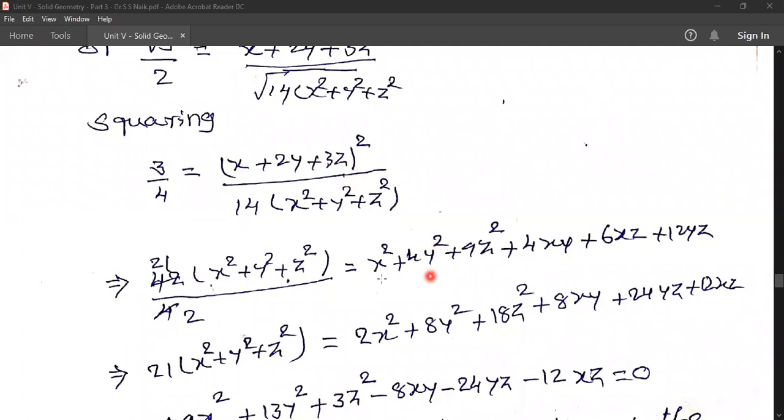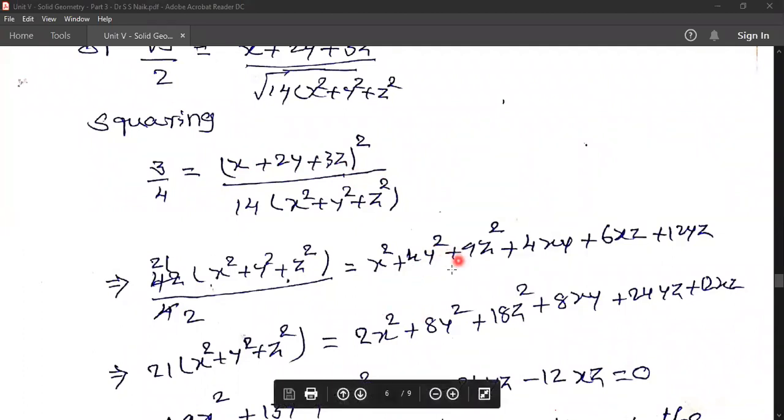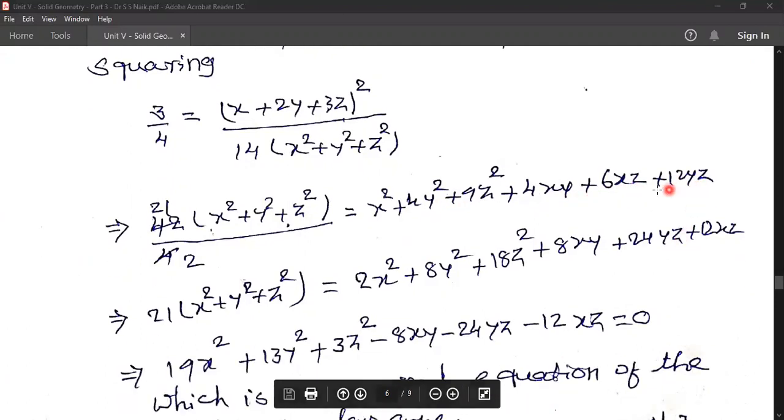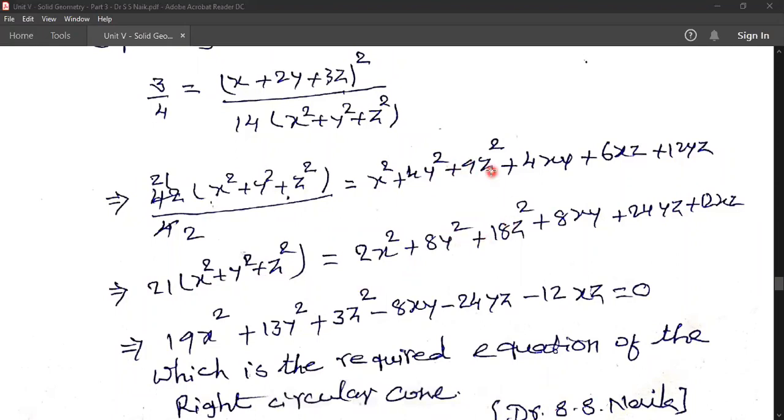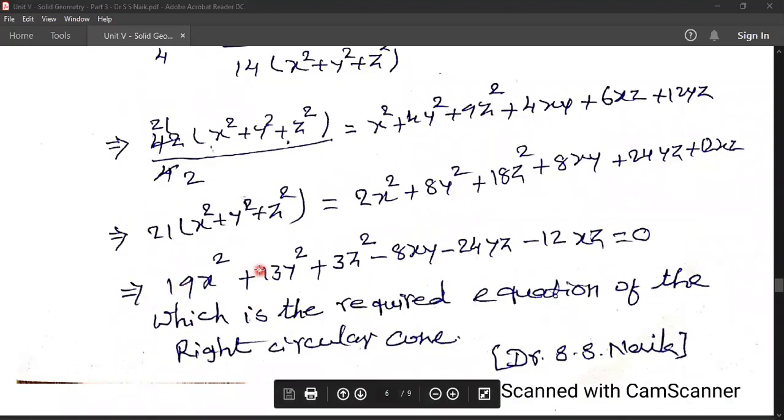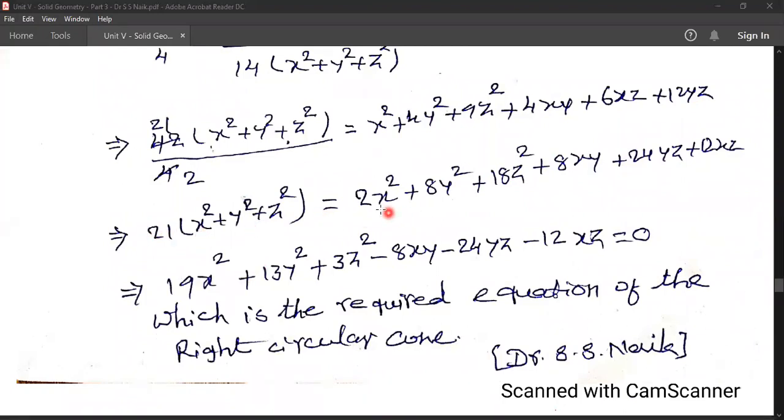So applying that formula, x square plus 4y square plus 9z square plus 4xy plus 6xz plus 12yz. Then go on simplifying. So this becomes 21, and this 2 will go on this side. Then 21 times x square plus y square plus z square is equal to 2 times of this: 2x square plus 8y square plus 18z square plus 8xy plus 24yz and 12xz. Then we have 21x square, and 2x square will get cancelled, becomes 19x square.